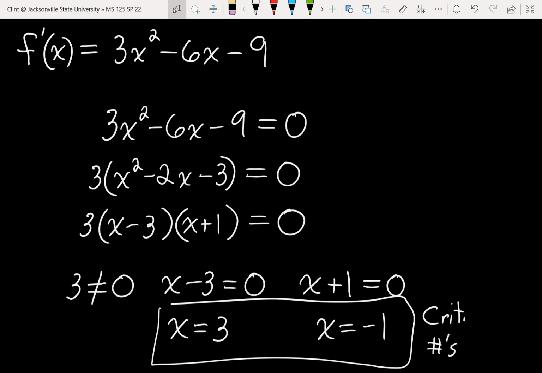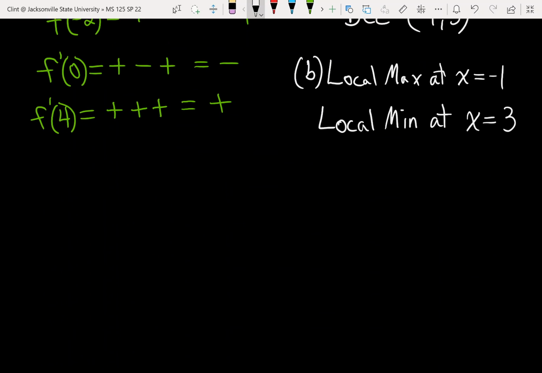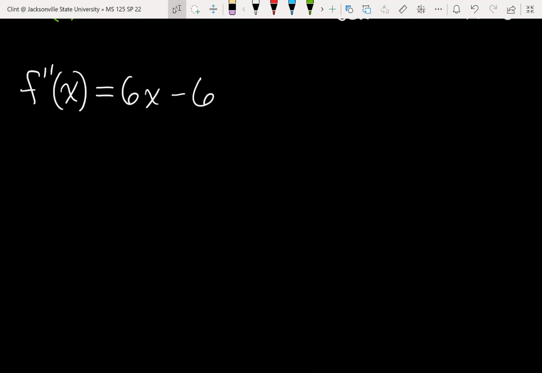So we're just taking the derivative of 3x squared, so the 3x squared part's 6x, and then the derivative of minus 6x is minus 6. So our second derivative is 6x minus 6. Now we're going to do the same thing.